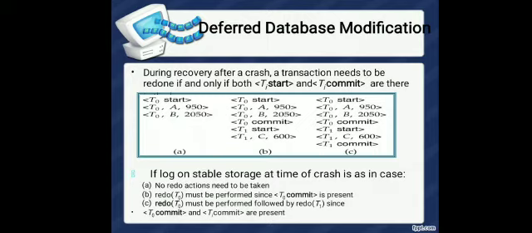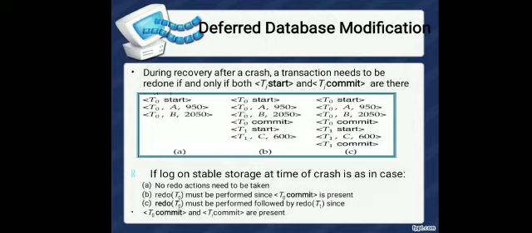Here there is no commit operation performed, so no redo actions need to be taken to restore the original value. In the next case: T0 start, T0 A comma 950, T0 B comma 2050, T0 comma commit.